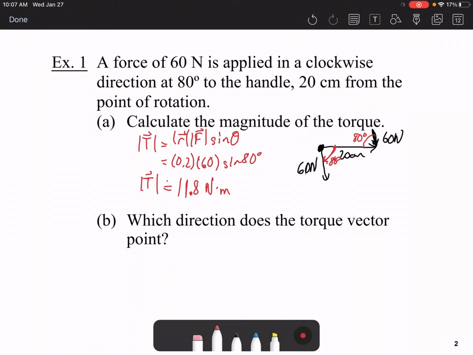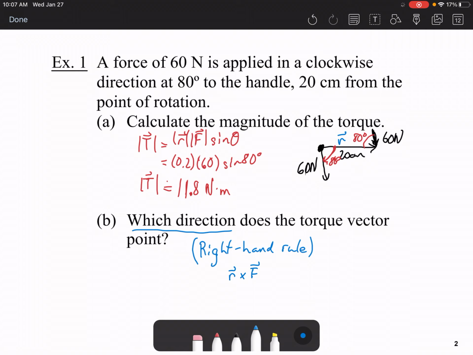So using my right-handed rule, we can determine which direction the torque vector points. So remember, use the right-handed rule. We're going to put our fingers along the vector that's our rotational force, so r. And you're crossing to the vector f. So going towards the vector f, curl your fingers towards f.